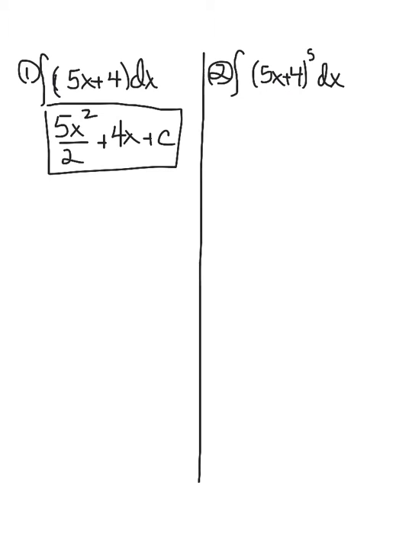Now on the right-hand side, because we have a quantity being raised to the 5th power, that's when we want to do U-substitution. So figure out what your U is going to be. Our U is going to be 5x plus 4.